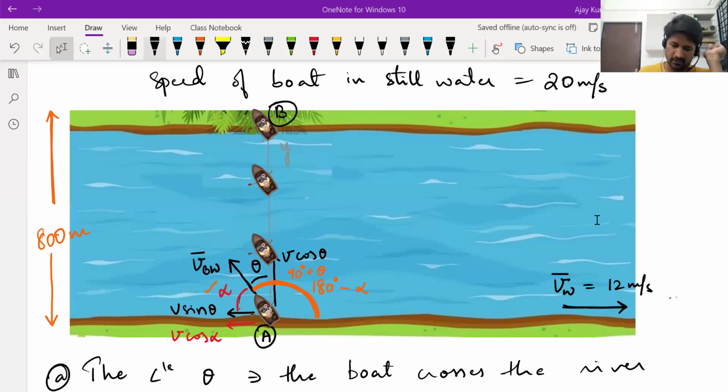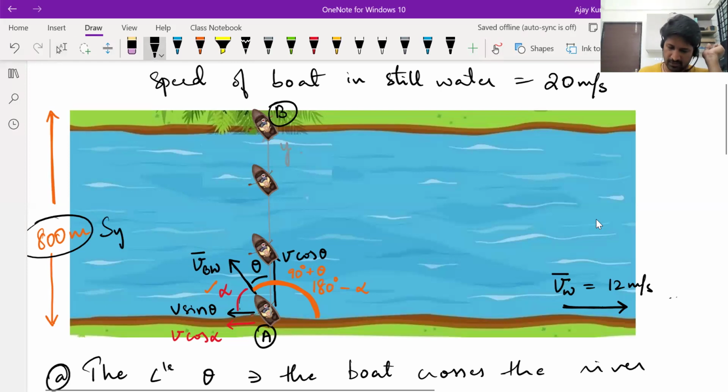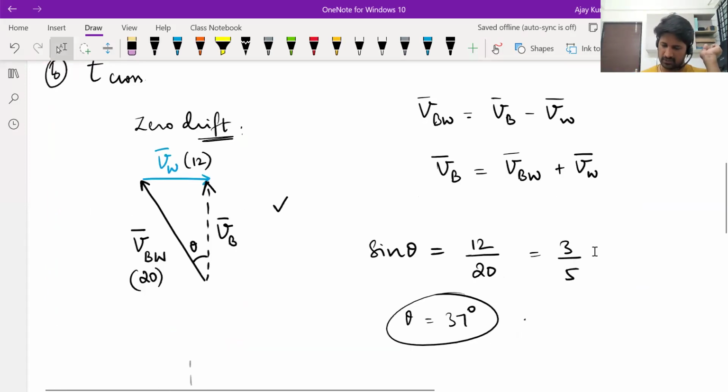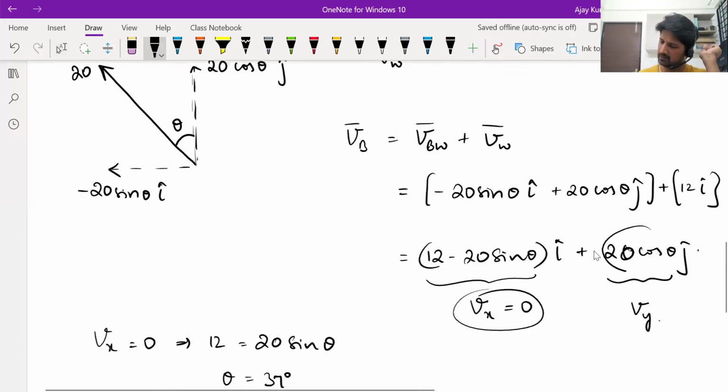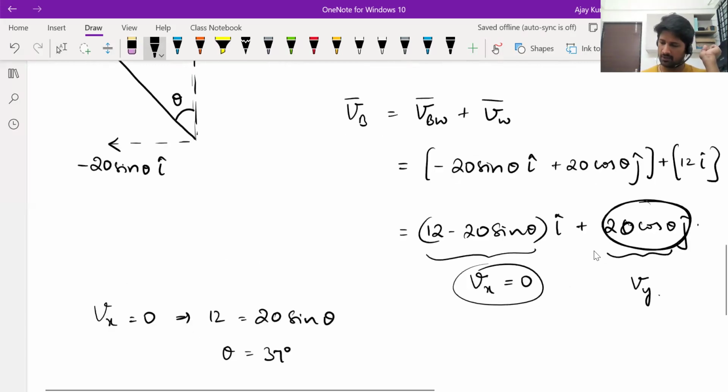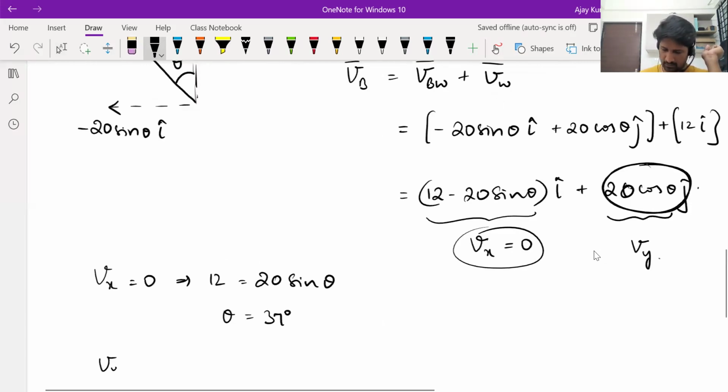Now in the y direction, to cross the river, the displacement in y direction is 800 meters. And the y component of velocity we can easily find out now. 20 cos theta, right? That was the y component of velocity. So Vy is 20 cos 37 degrees, since we calculated theta as 37 degrees.